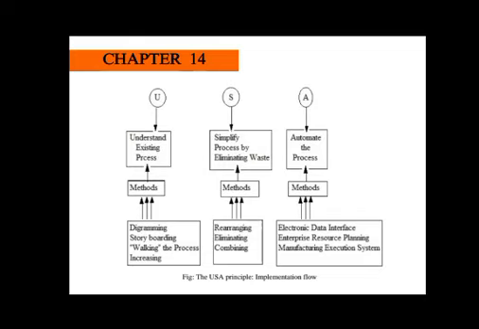Without this, any effort for implementation of ERP is likely to fail. So as the first step, we have understand the existing process. The second step is to go for simplification of this process. The final step is to go for the automation of the procedures, as what you have seen in the figure below.